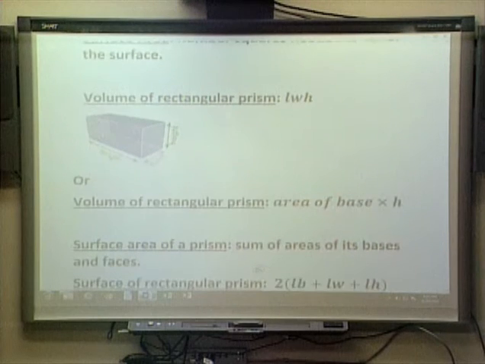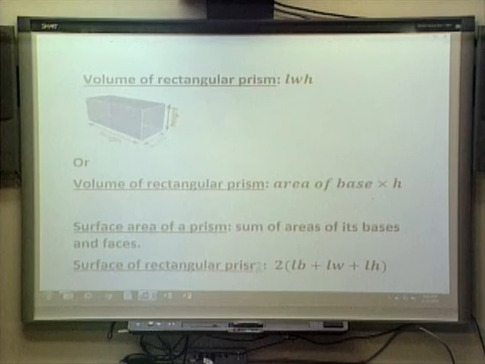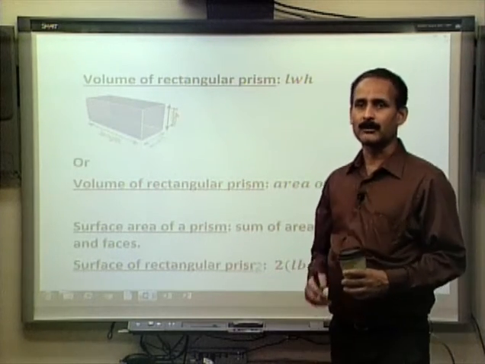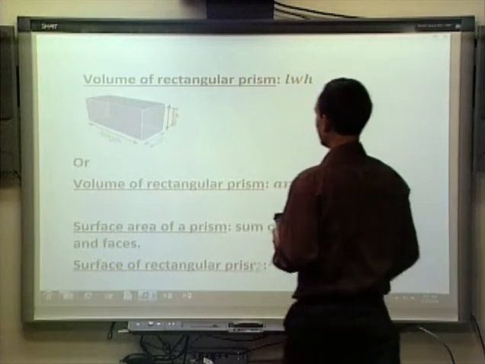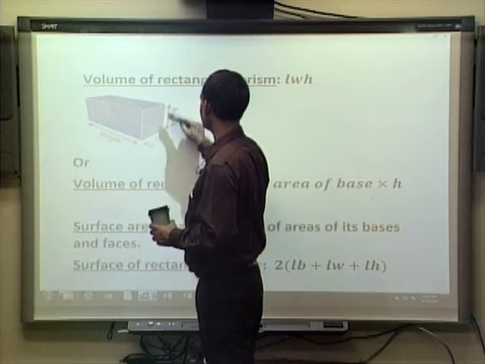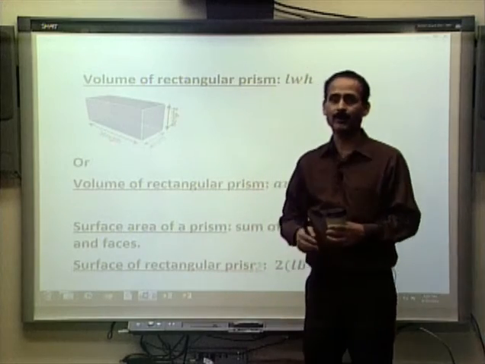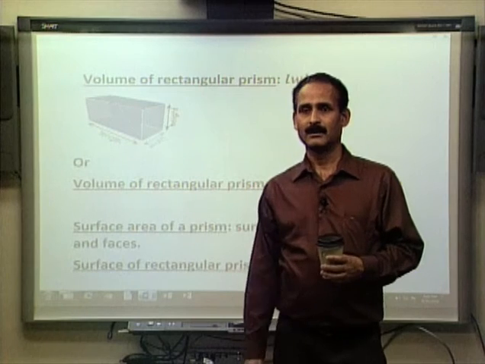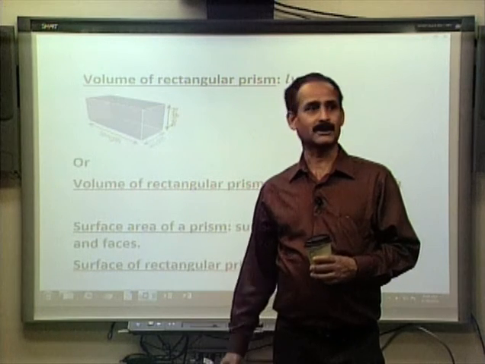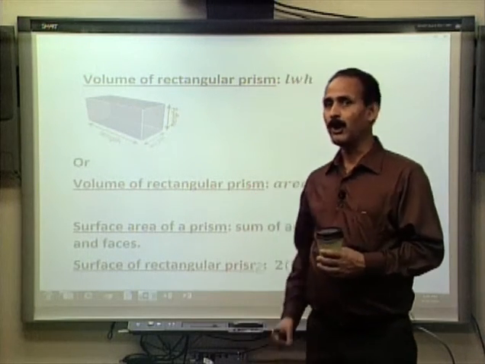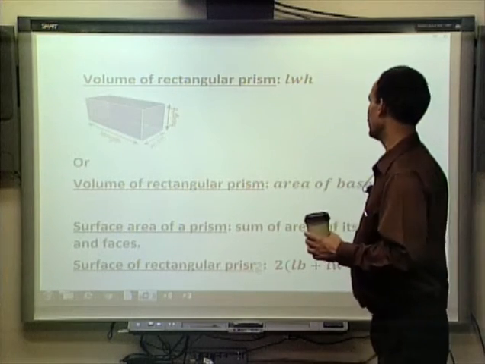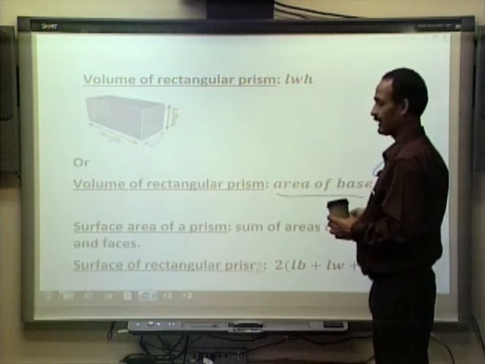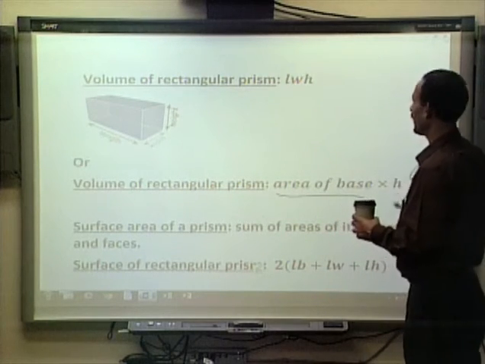So, now let us talk about some more volumes. Volume of a rectangular box: the length, the width and the height. A rectangular box is most of the rooms. This room I am working in right now is a rectangular room. So, the volume of a rectangular box is nothing more than the area of the base multiplied by the height.